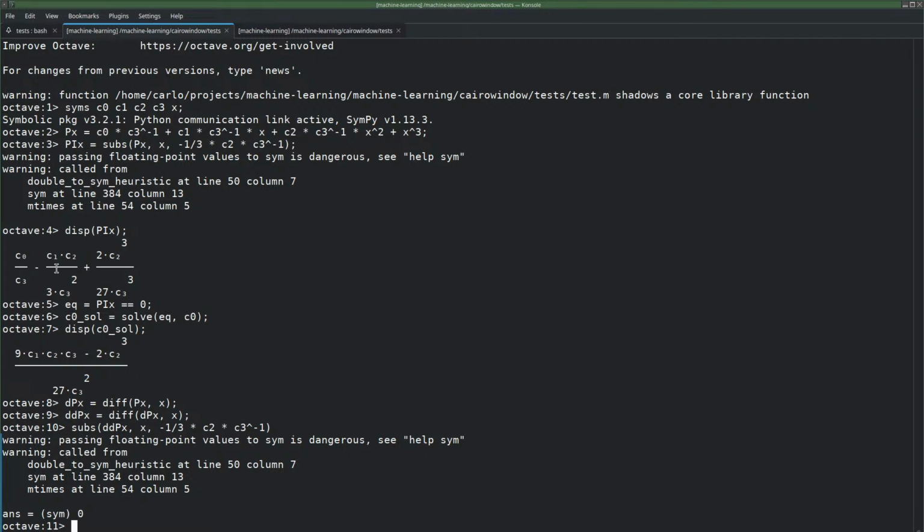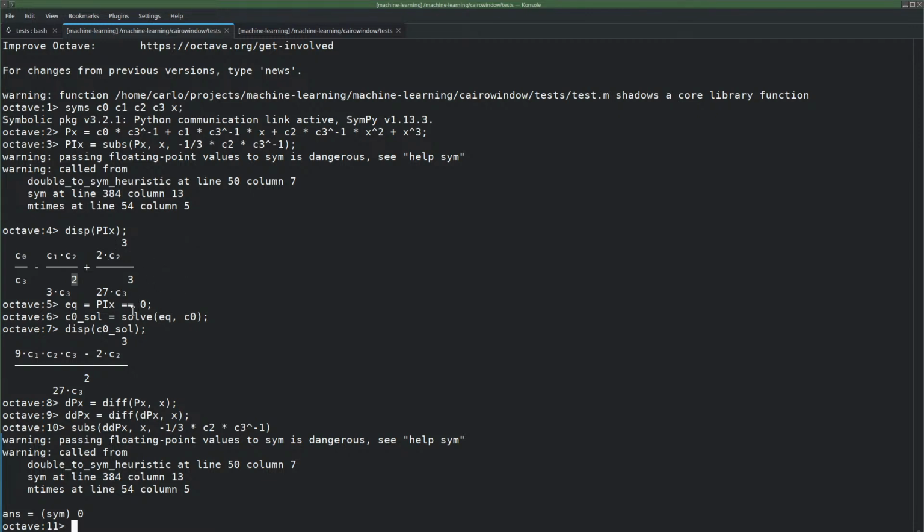So what you want to have always is a matchup of C3 with the rest. So you have C0 divided by C3. And then we have one C3 for the C1 and another C3 for the C2. So this is just C1 divided by C3 times C2 divided by C3, all divided by 3. And here we have C2 divided by C3 to the power 3 times 2 divided by 27.